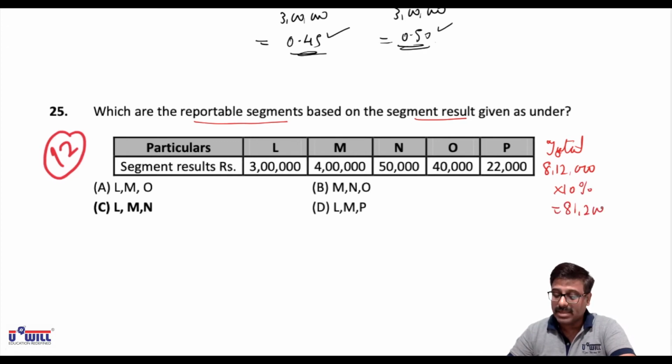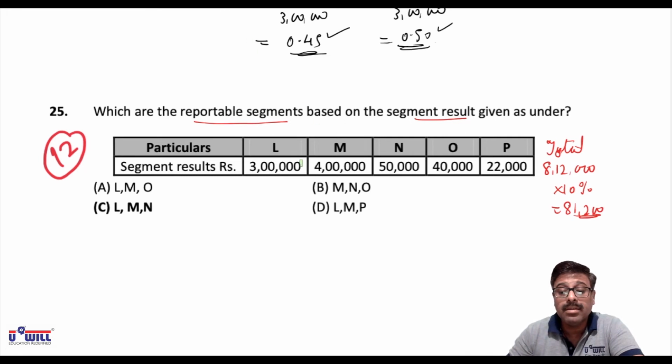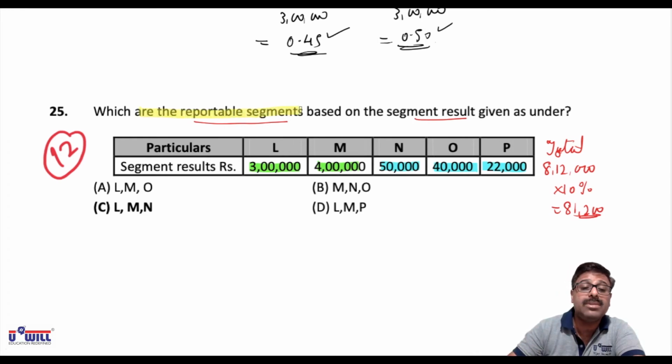So whichever segments have results or profit of more than 81,200 are reportable, less are not reportable. Which ones are having more than 81,200? 3 lakhs, 4 lakhs, these two are reportable. And which ones are not reportable? 50,000, 40,000 and 22,000 are less than 81,200. What we are asked is, which are the reportable segments? Green ones are the reportable segments. So our answer is L and M.